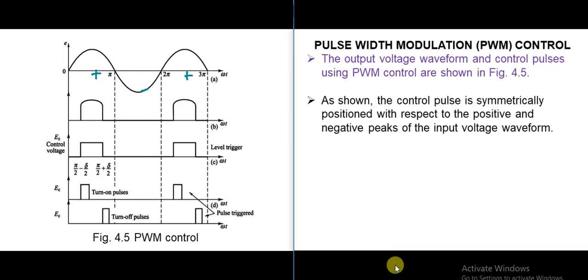As shown in this figure, the control pulse is symmetrically positioned with respect to the positive and negative peaks of the input voltage waveform. Means what? We can see that this position is very much aligned: when it will turn off, when it will turn on, all are aligned.